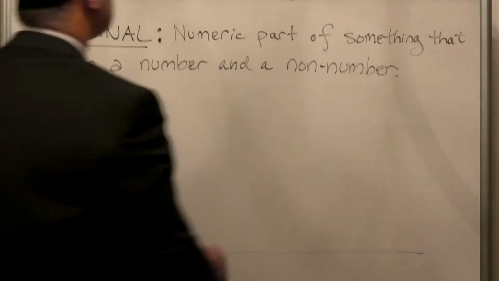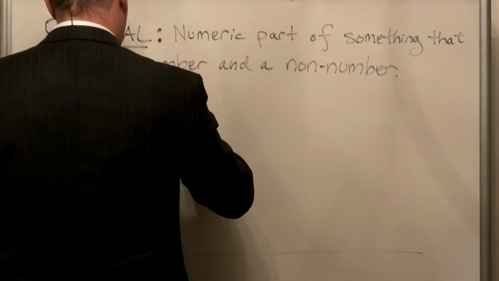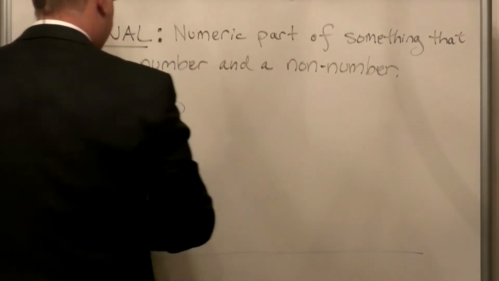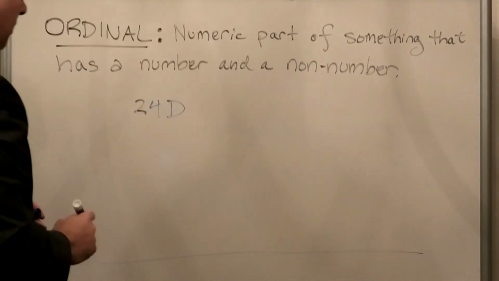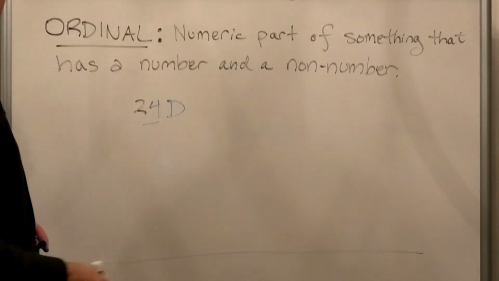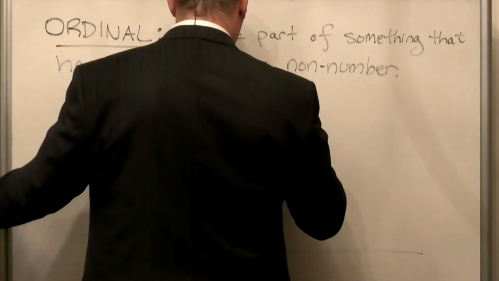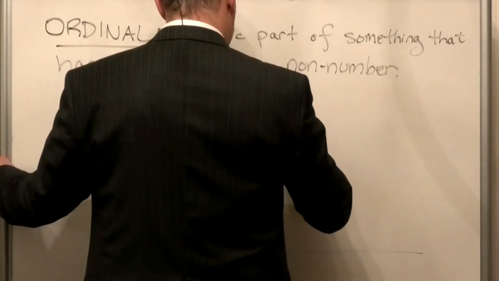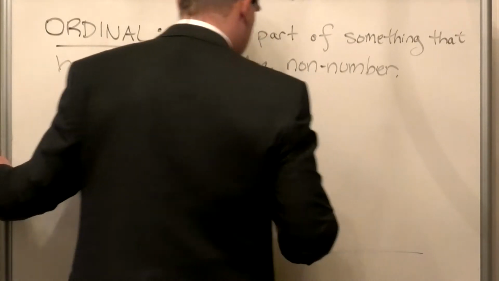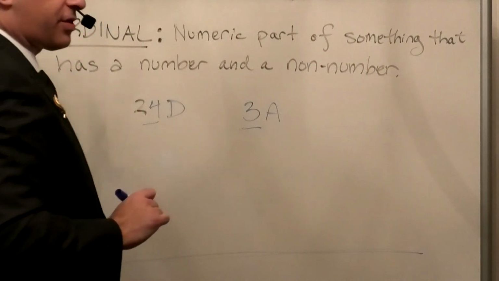If I buy a ticket to the theater and I have seat 24D, the ordinal is 24. That's it. Let's say I have an airline ticket and I'm in seat 3A. Maybe that's the window seat. The ordinal is 3.